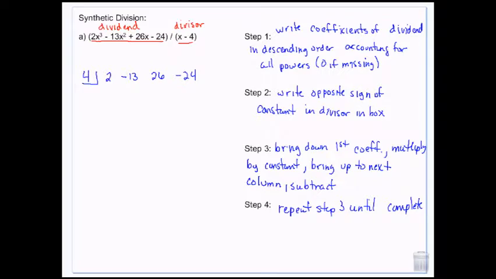It's the opposite sign. Okay? So that's the start. And then I draw a line right here, leaving space to write numbers in between. And I bring this number down.